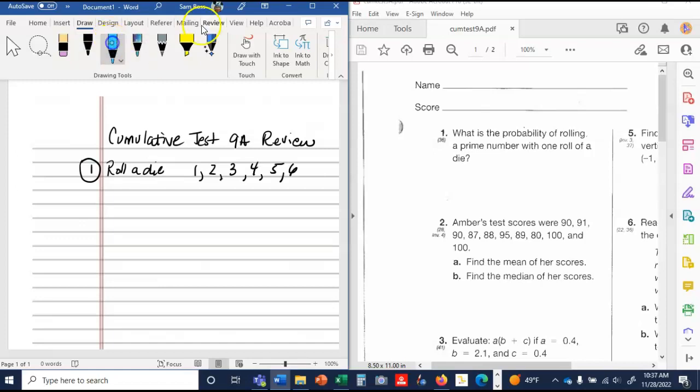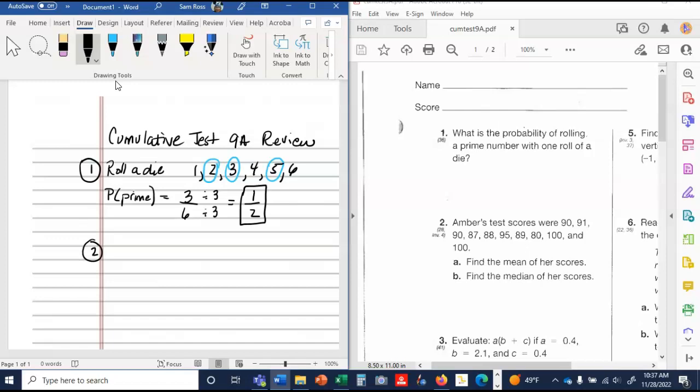Of those, 2 is prime, 3 is prime, and 5 is prime. So the probability of a prime number is going to be 3 out of a total of 6. Then I have to reduce it. So I'm going to divide the top and bottom by 3 to get 1/2.